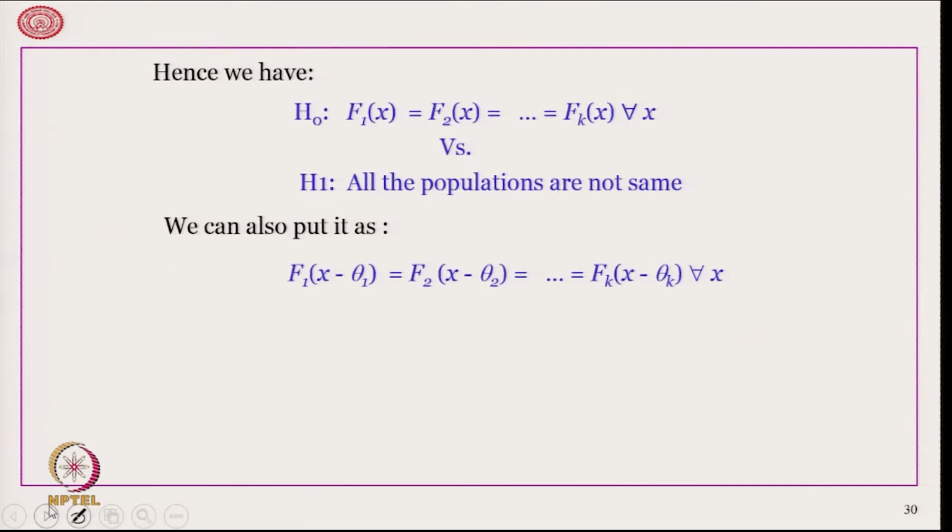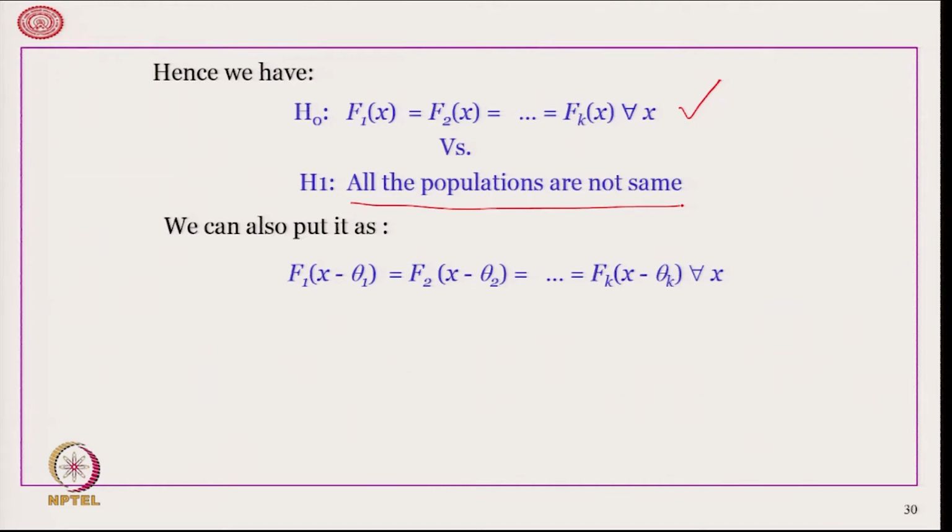Hence, H naught is that F 1 x is equal to F 2 x is equal to F k x for all x, versus all populations are not the same, that means, they do not have the same distribution.